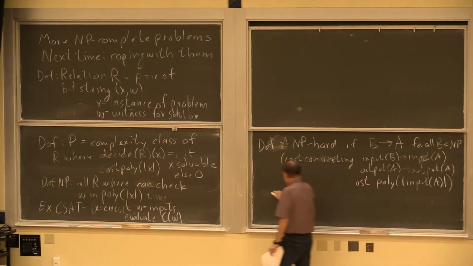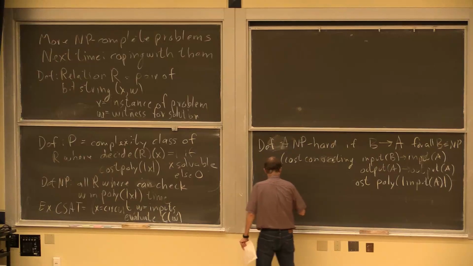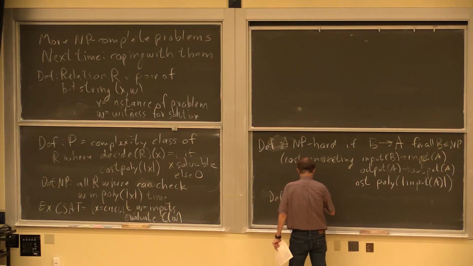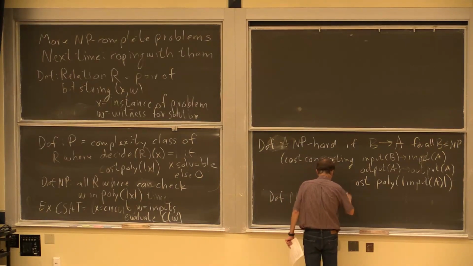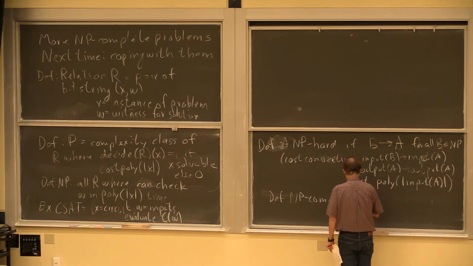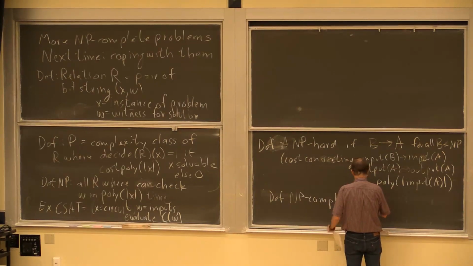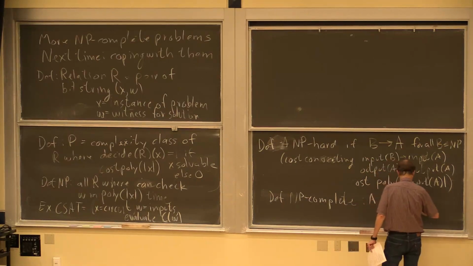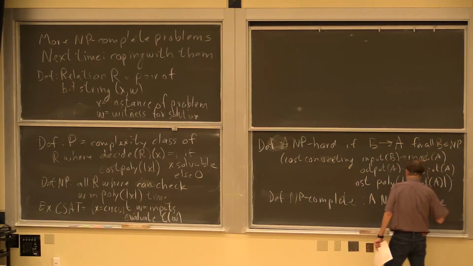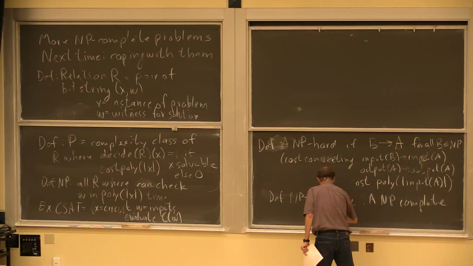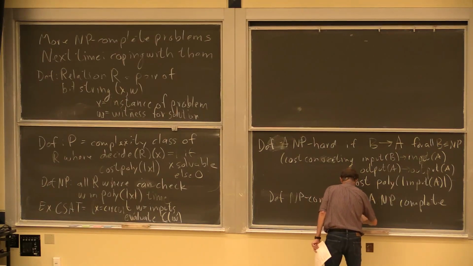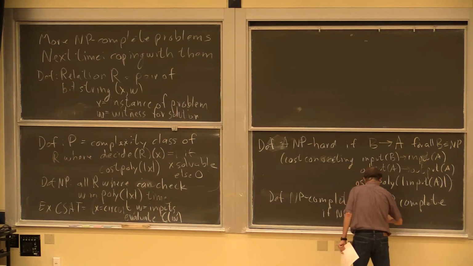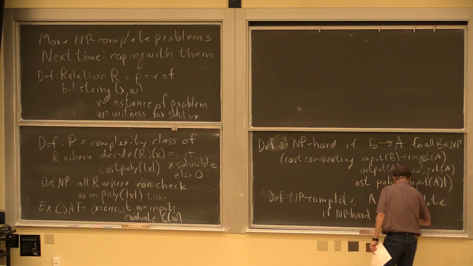And finally, the class of problems that's going to occupy us mostly today are NP complete. So A is NP complete if it's NP hard, so you can use it as a subroutine to solve anything, and it's NP.